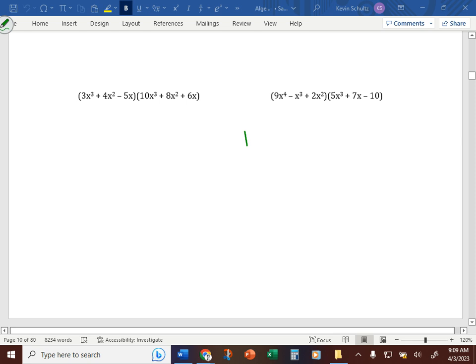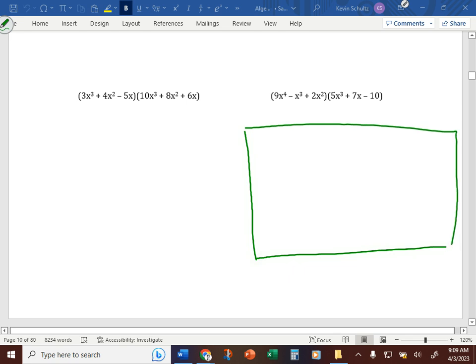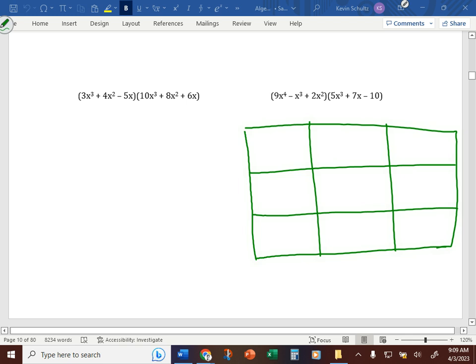Your 3 by 3 box, again, don't be shy. I don't give you this much space just to keep it blank. Make it hefty. And we got 3 across the top and 3 down the side.